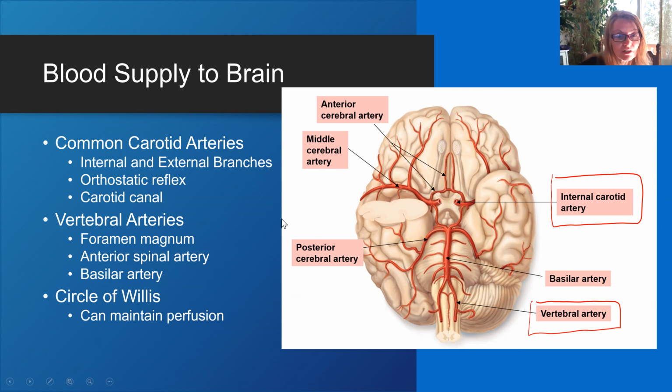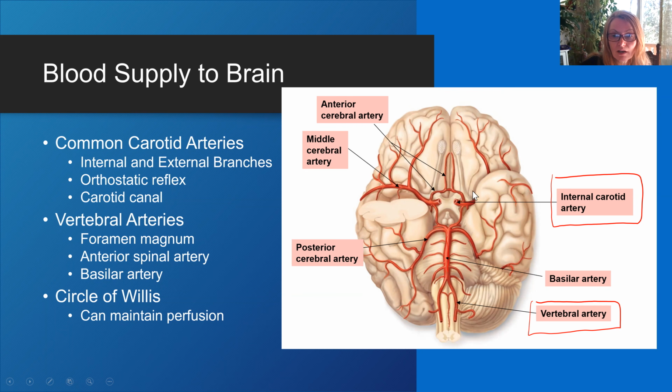So vertebral arteries enter the cranial cavity through the foramen magnum, and then they form the basilar artery right here, where you have your pons and medulla and midbrain, and they form these anterior cerebral arteries.